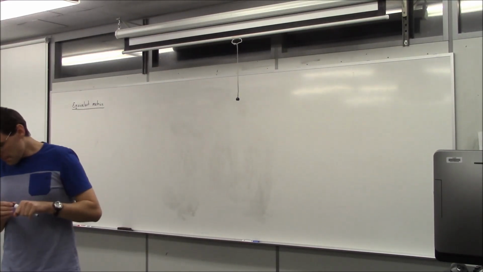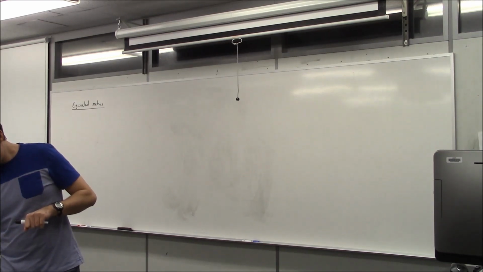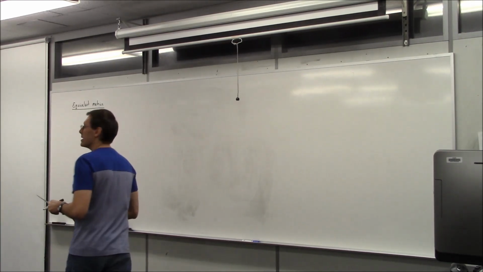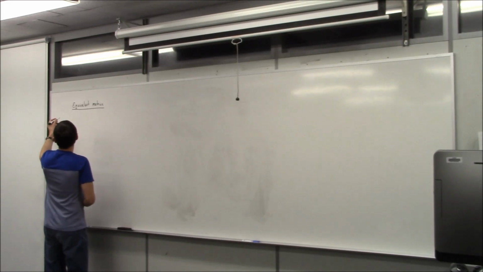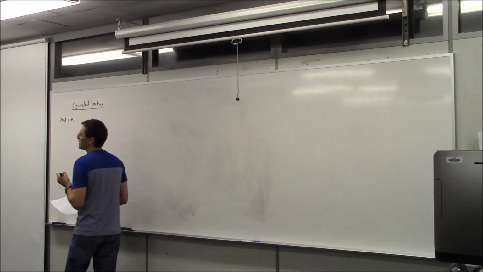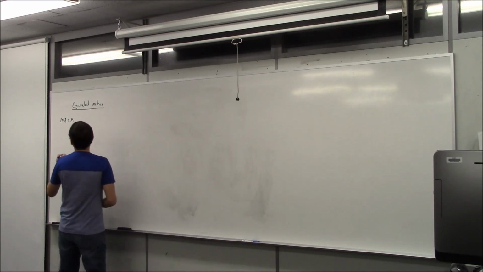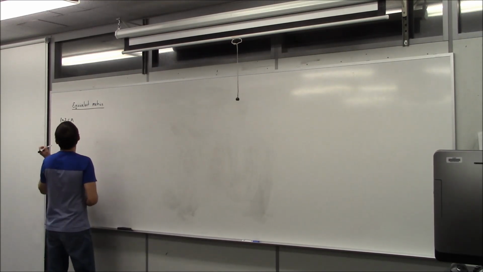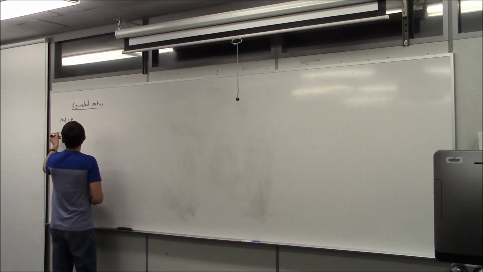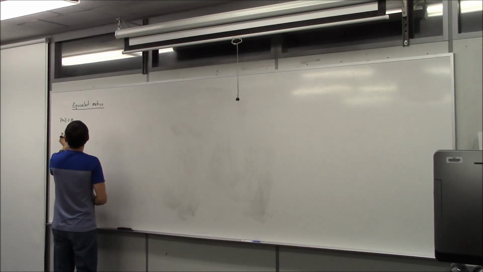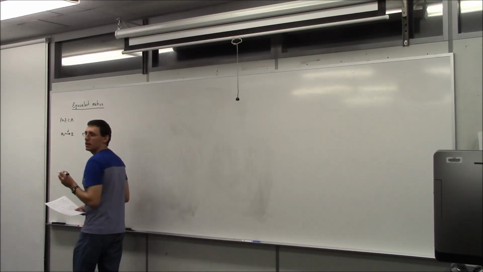So the idea is this. If I have a sequence xn in the set M, and I endow M with the distance d, you might have the situation that xn converges under the distance d to x.